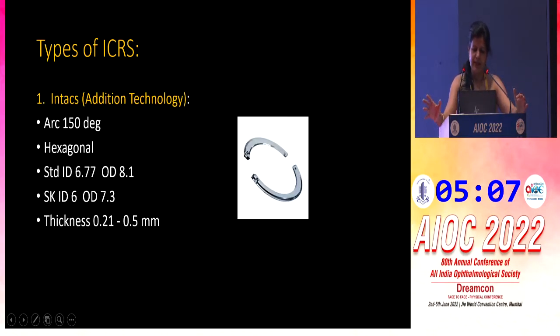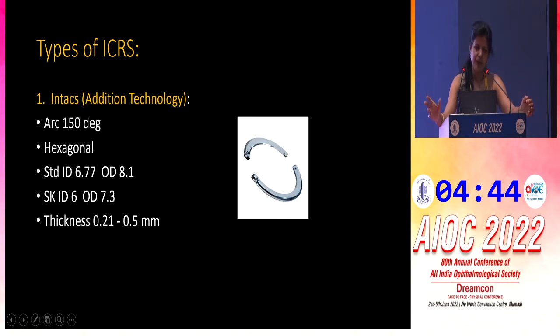Now, what are the types of ICRs we usually deal with? Of course, there's Intacs, there's Ferrara rings, there's something called a MyoRing, and all these follow the basic principles, but they have slight differences between them depending on the type of cross-section, the arc segments that are produced, and the distances from which they are kept. So coming on to Intacs, which is what I am most familiar with.